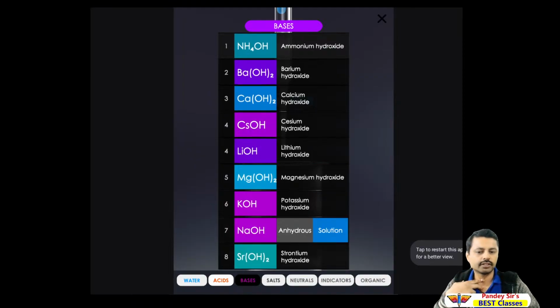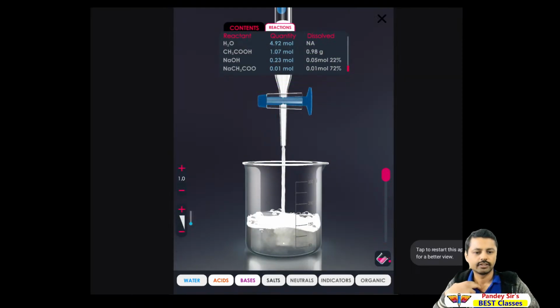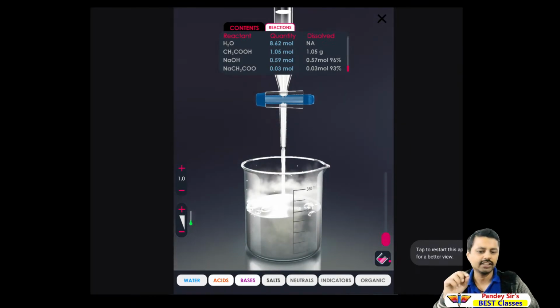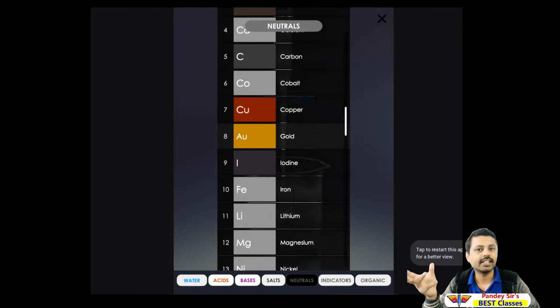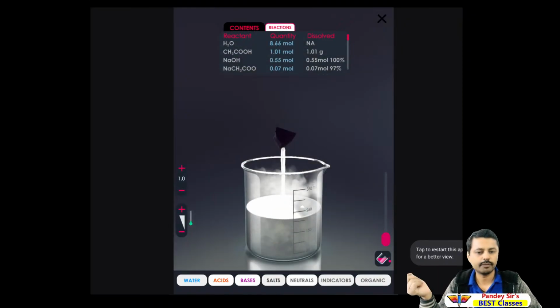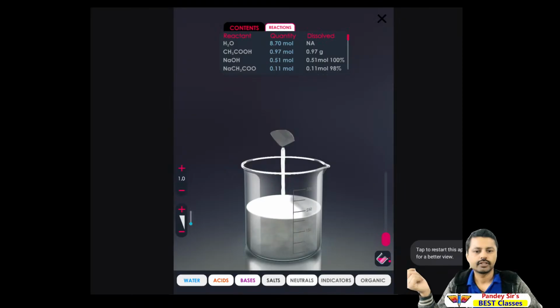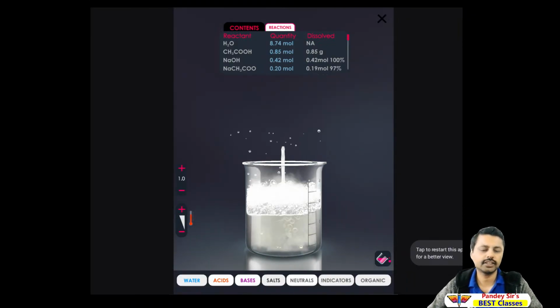Yeah, it is a good base. So let's see what will happen if we add this one. Yes, that's more like it. Now let's try adding a metal. So let's add calcium, the good one for the bone. Took calcium and added. Oh, bubble formation. Wow, this is a nice reaction.